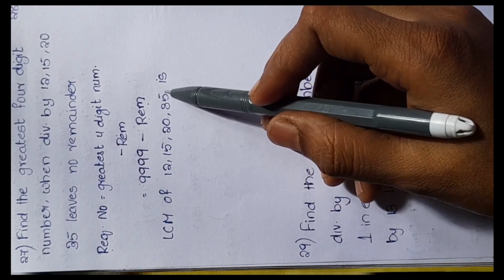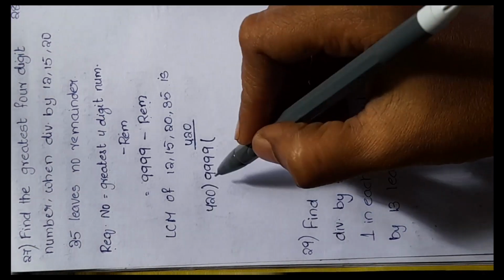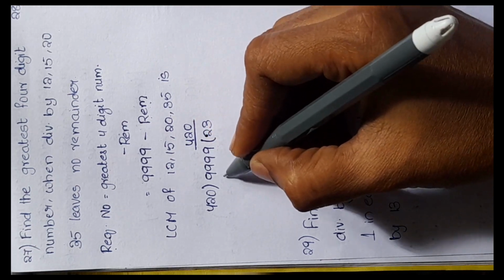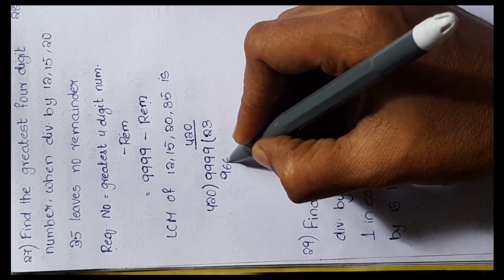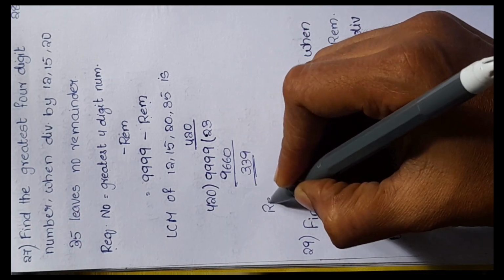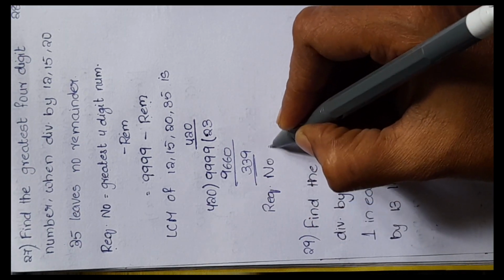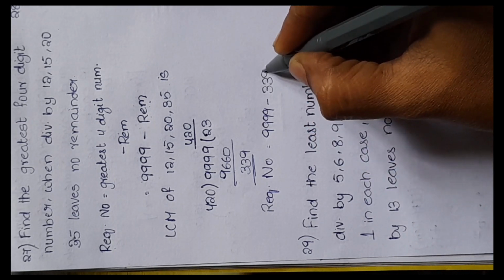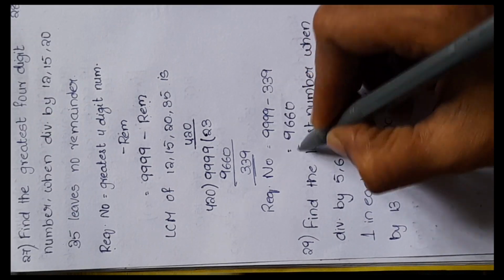LCM of 12, 15, 20 and 35 is 420. 9999 divided by 420: 23 times, we get 9660. The remainder is 339. To get the required number, 9999 minus 339, 9660 is the required number.